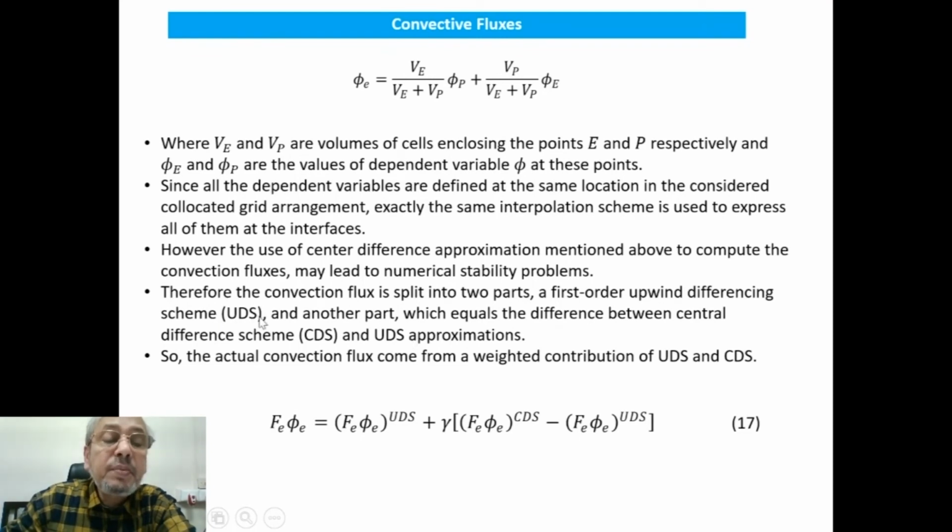So Fe phi e equals Fe into phi e upwind difference plus gamma into Fe into phi e central difference minus Fe into phi e upwind difference. And upwind difference means the differentiation will involve the upstream point, depending on the direction of the velocity.